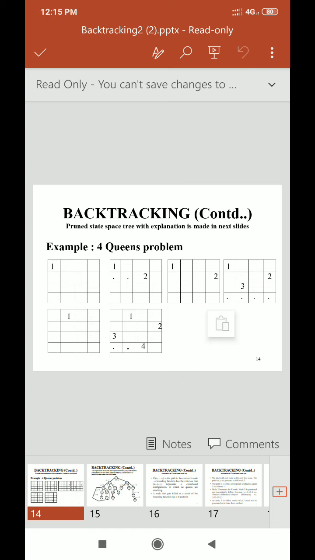And after some time, if you again feel that you are on the wrong route, then you will again backtrack up to the checkpoint and find the destination accordingly.